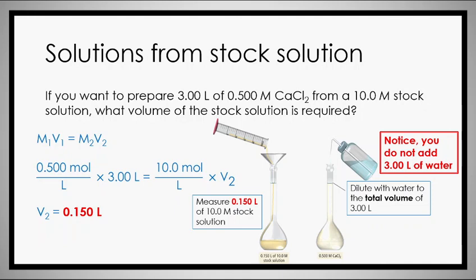If I say I added 3 liters of a concentrated solution to 10 liters of water, you need to make sure that you add the 10 and the 3, because your V2 is going to be the sum, the total amount of solution after you have completely finished this dilution. You can't forget that if we're talking about adding two solutions, add the solutions. Don't just use the individual values.